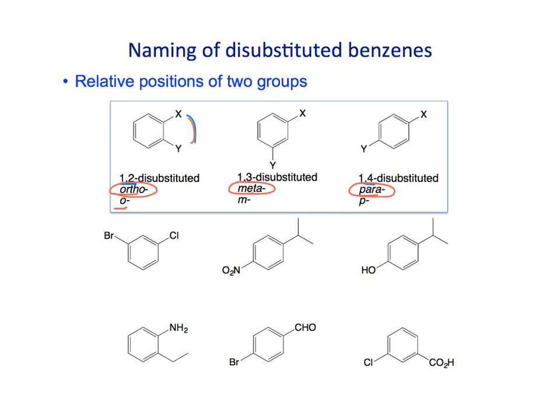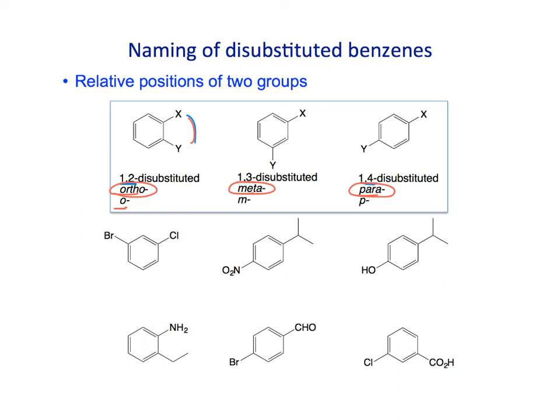So if we're going to name disubstituted compounds, we first look at the structure and see if it contains any of those monosubstituted benzene compounds that we had to learn on the last slide. If it doesn't, then all we do is list the substituents in alphabetical order. We either use this terminology, ortho, meta, or para, or we put numbers.